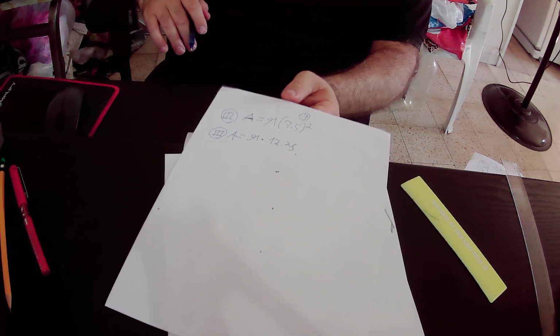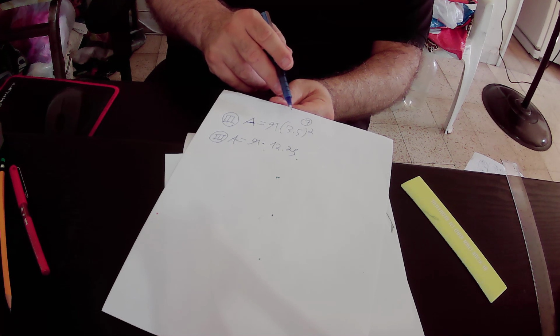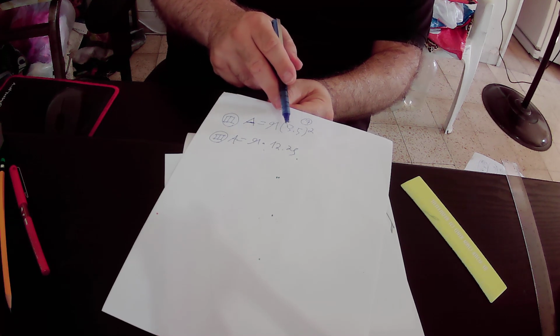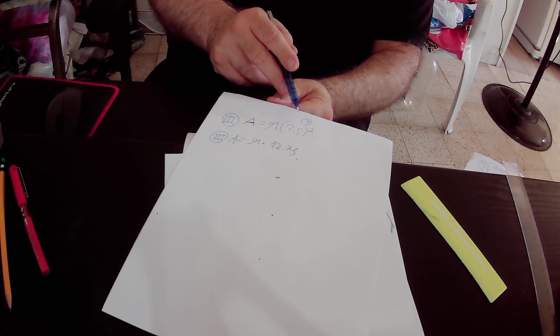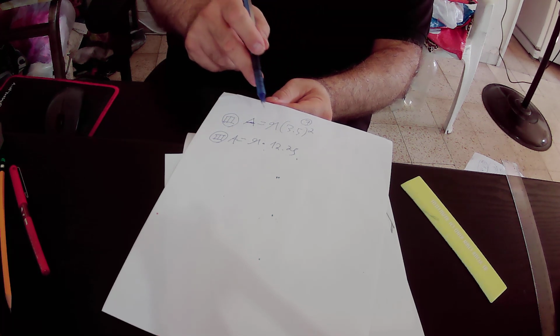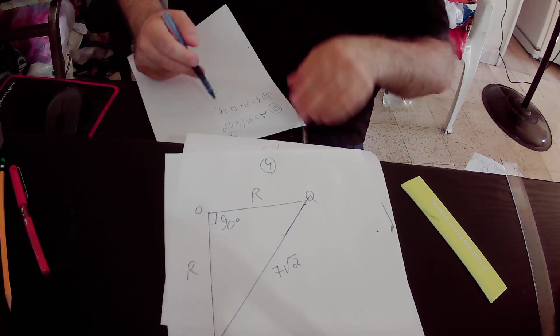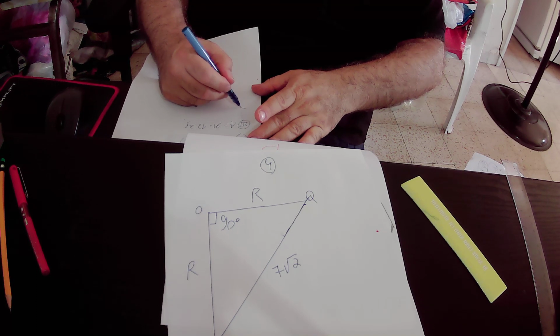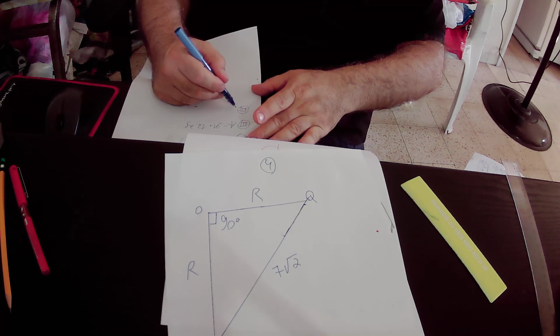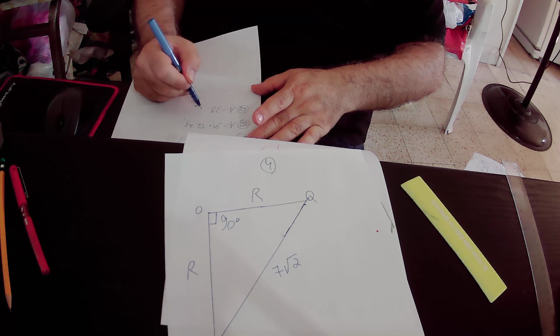So the area of the yellow circle equals pi times 12.25, because 3.5 squared equals 12.25. Pi times 12.25 equals the area of the yellow circle. So the area of the yellow circle equals 38.48 units.